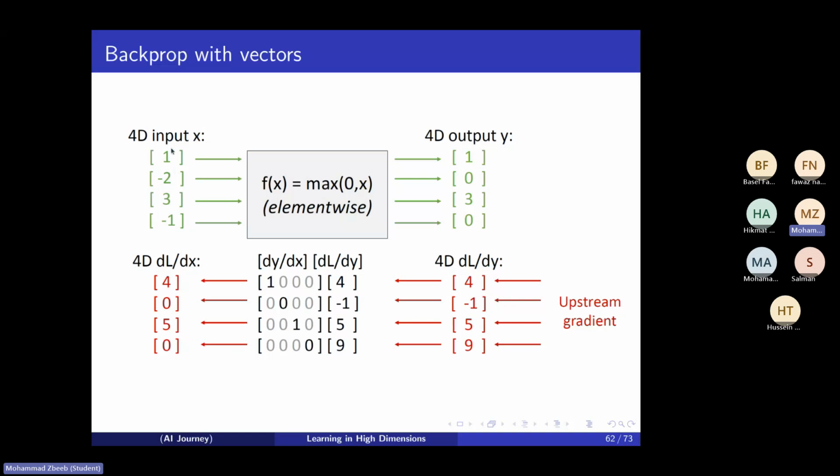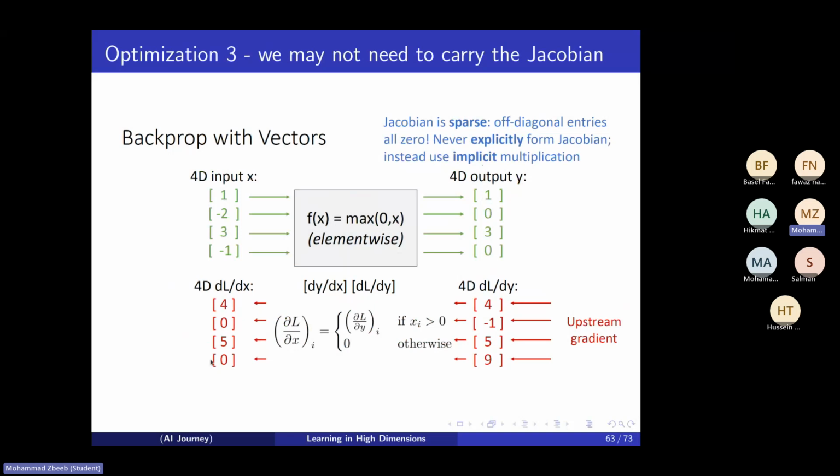If it's positive, the gradient is 1, and it doesn't affect anything but itself. So we can directly put the gradients as 1, 0, 1, 0 and multiply them with the upstream gradient to get the input gradient. So it's a simple if condition: if it's bigger than 0, it's 1. If it's smaller than or equal to 0, it's 0, and just chain this with the upstream gradient.